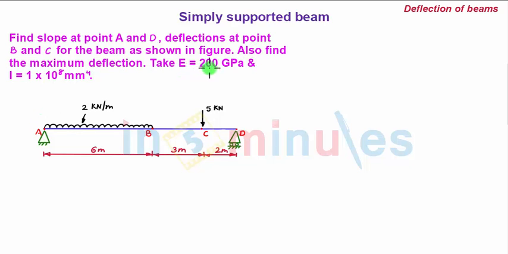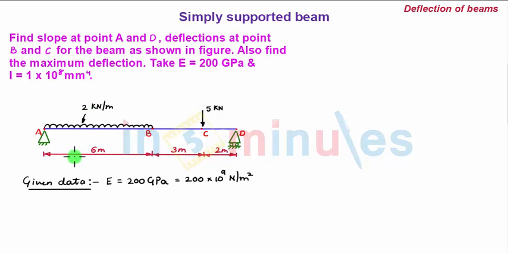Now take E equal to 200 gigapascal and moment of inertia I equal to 1 into 10 to the power 8 mm to the power 4. So in the problem our given data is E equal to 200 gigapascal, or 200 into 10 to the power 9 Newton per meter square. Since the loads are given in kilonewton and the distances are in meters, we convert this E into kilonewton per meter square.